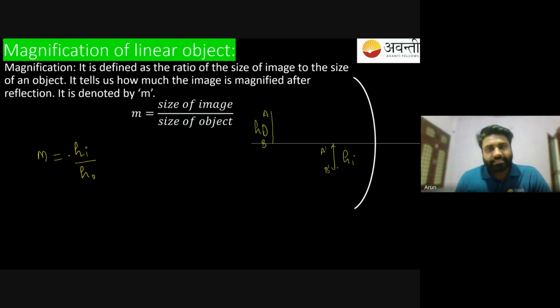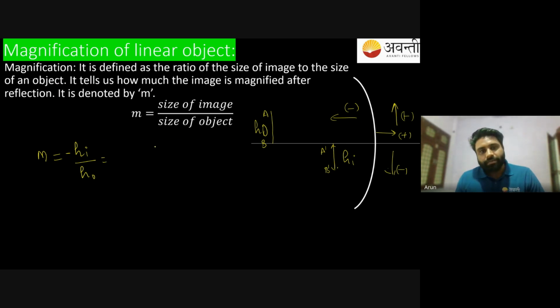This height of image is measured on the negative side, and this is the positive side. So this height of image is negative, height of object is positive.